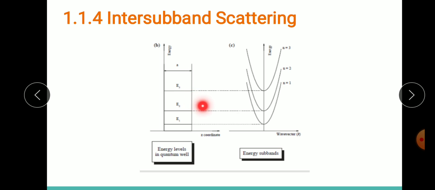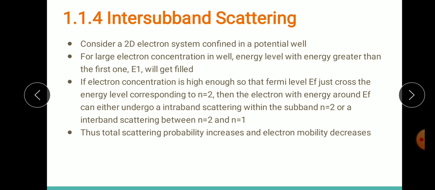Another is the interband scattering between the energy levels n equal to 1 and n equal to 2. This kind of scattering mechanism is called inter-subband scattering. In this case, the total scattering probability increases and the electron mobility decreases. I hope these four kinds of scattering mechanisms are pretty clear.